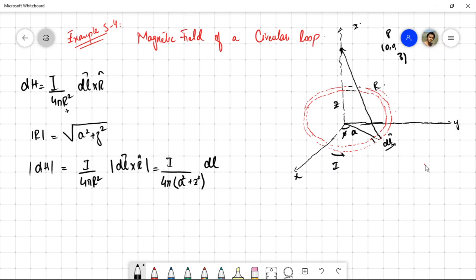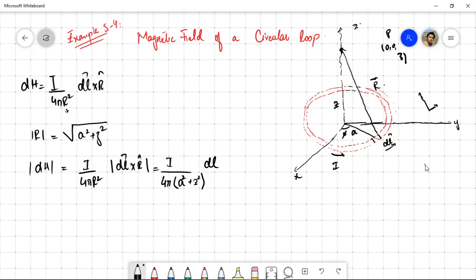Now we'll move on towards finding the direction of dH. We can see that the direction of dH is always perpendicular to the plane which is carrying r and dl. Now this is r and this is the dl vector.